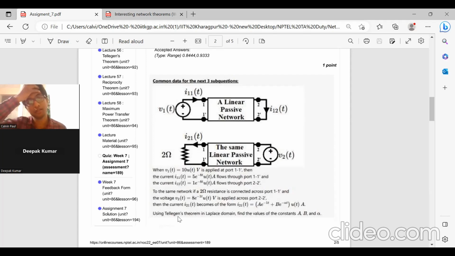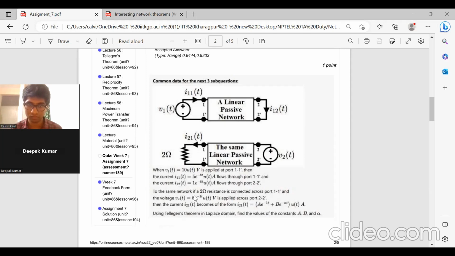Okay, so what we will do is we will write down v1 of s, I11 of s, I12 of s in s domain. v1 of s in s domain is what? 10 by s. Okay, and I11 of s and I12 of s is what?